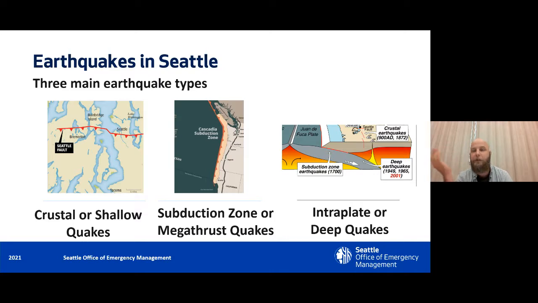They are typically going to be our least destructive because they're happening so deep beneath the surface. So typically we're looking at 30 kilometers or more below the surface where the earthquake is really emanating from. And so some of that can kind of dissipate as it moves toward the surface. So we're unlikely to see the type of damage we would see from a crustal or shallow quake.